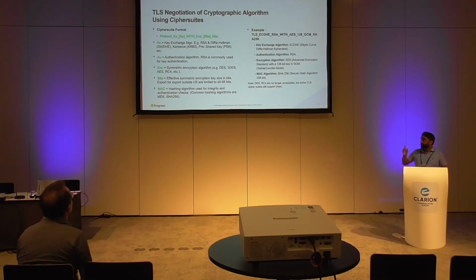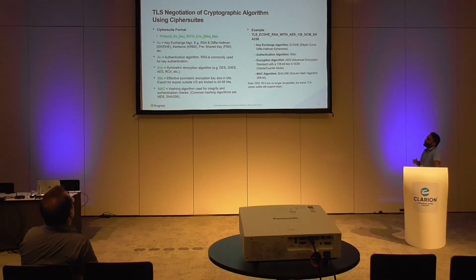Here on the right side we have ECDHE. We use ECDHE for the key exchange purpose. Then we have the authentication algorithm. This is mainly for the authentication of the certificate. In general, the common one is RSA, which we use for certificate authentication.